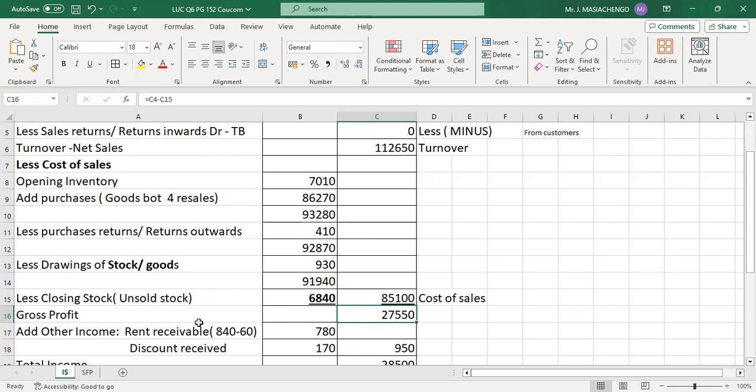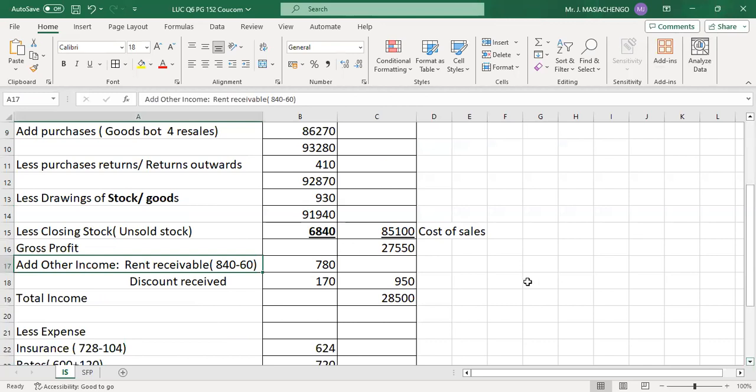Then we write the gross profit in the next column after underlining. Don't underline here to close, most students want to. We are still using that column. Then we say add other income, the small, petty incomes you have been receiving for that period. I indicated that other incomes were the rent received, rent from your tenants, and the discount received for prompt payment.